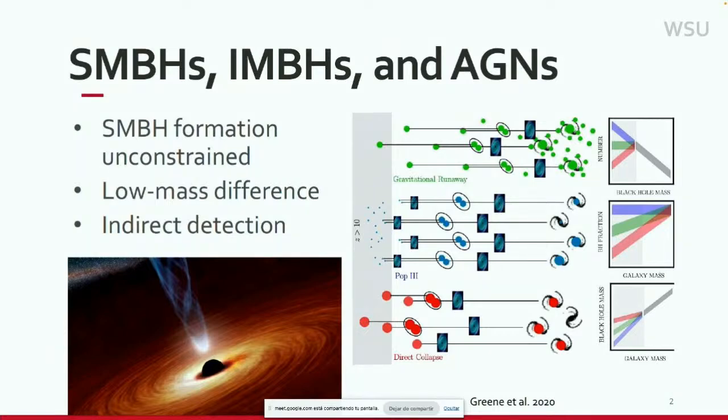So we can try to constrain those 3 values, especially in the low mass regime for galaxies, to try to get an idea of which of these is the most likely way that these objects came to be. Again, because intermediate mass black holes are more difficult to detect just intrinsically, astronomers have begun using things like AGNs to try to come up with indirect methods to detect these objects.